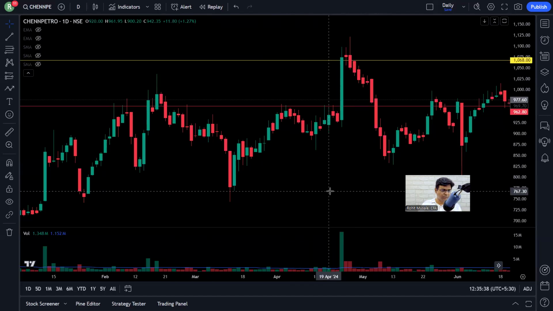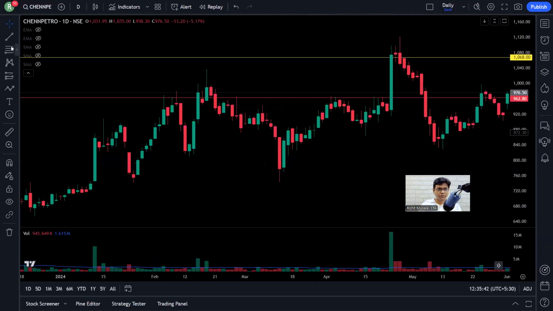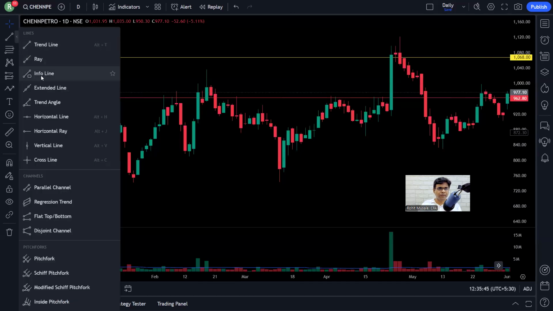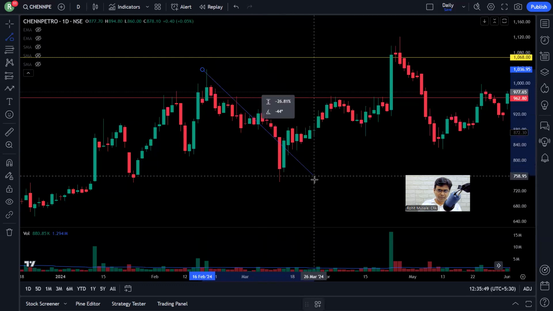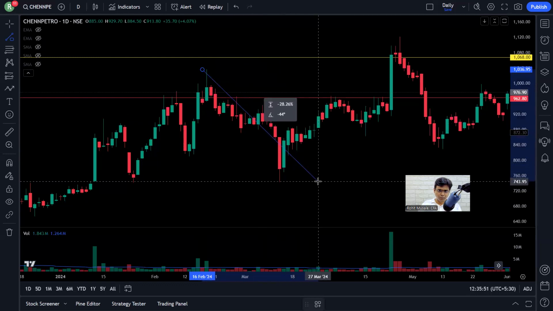Point number 3 is height of the base. What is the height of the base? So if we see here, as I have discussed earlier, the height of the base is measured from point 1 to point 2. So this is 28%. So this is a C grade base. Remember, I had discussed earlier, if the height of the base is around 10% or less, that's an A grade base.